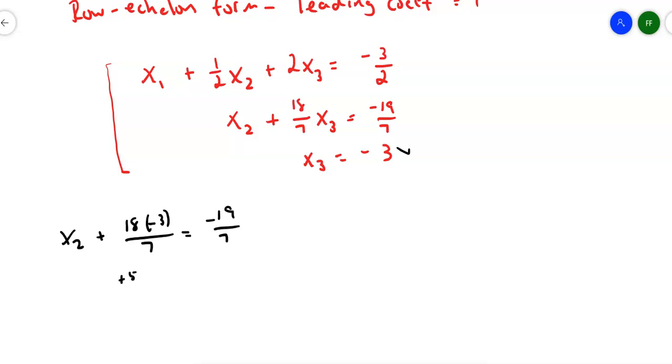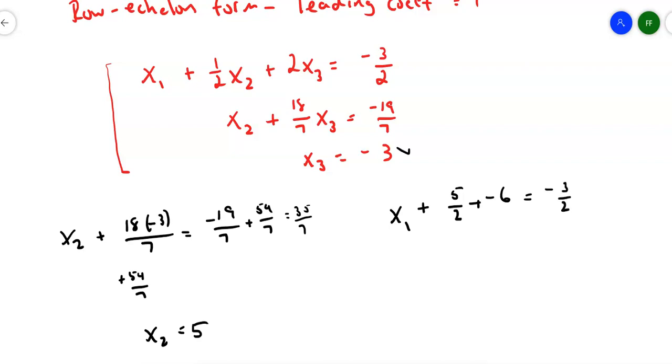If I add 54 over 7 to both sides, then I get x sub 2 equals 35 over 7, which is a nice whole number, right? 35 over 7 is 5. And so now go back to the top row, and I get x sub 1 plus a half of 5 plus 2 times negative 3 equals negative 3 halves.